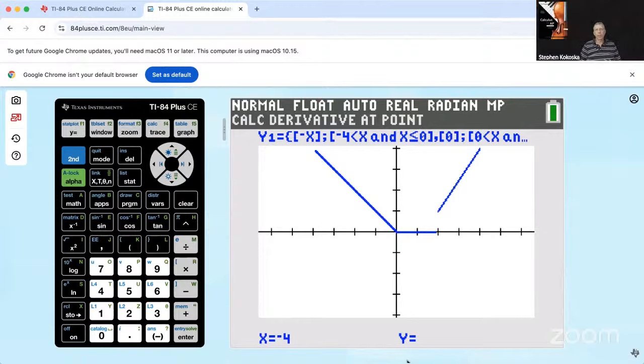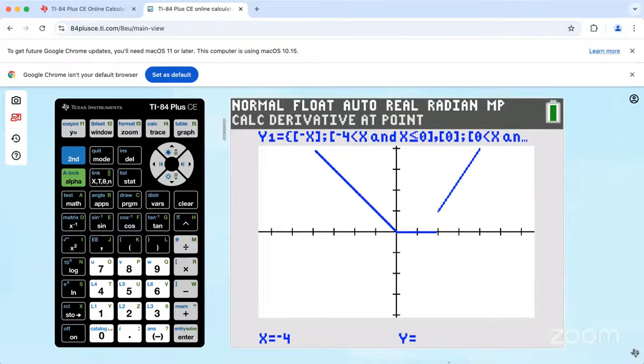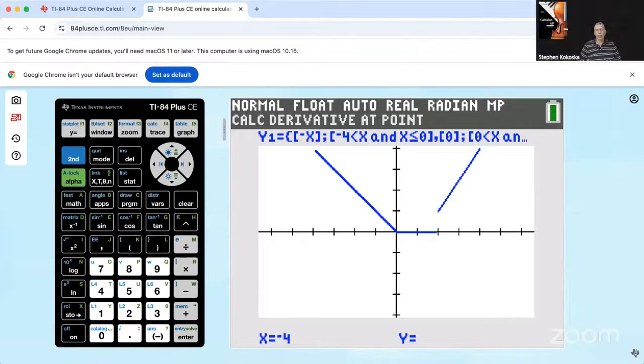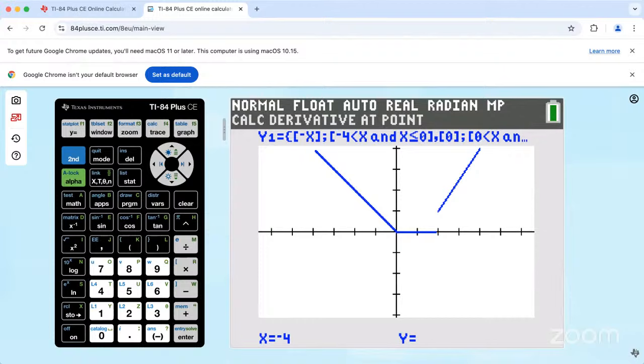To answer Steve's question about the boundary values in the piecewise function and what takes priority, it really does evaluate from left to right, and so whichever interval it encounters first, that interval comes first. It's going to take that.